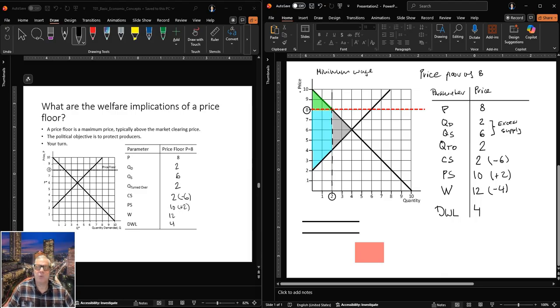So the minimum wage would be an example of a price floor. So let's assume we really agree that if the market equilibrium price were, let's say, $6 per hour, no one could make a decent living of it. And we want to support the workers.